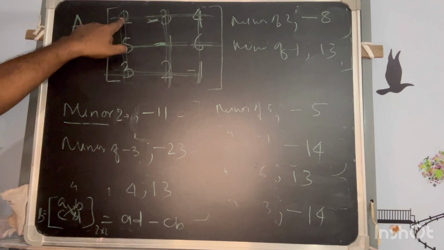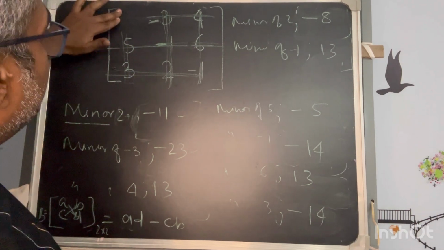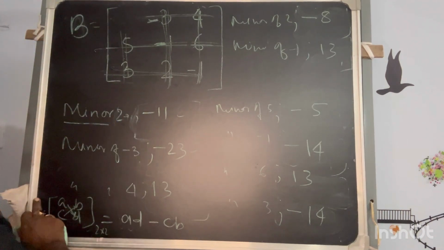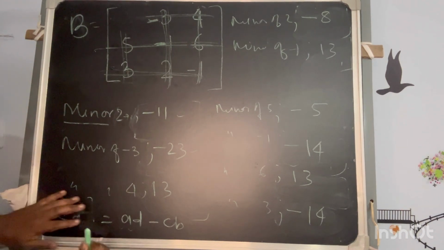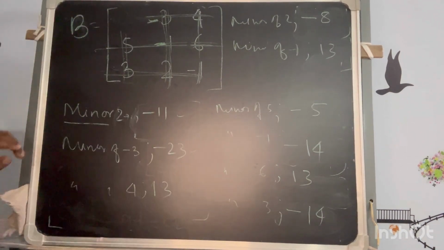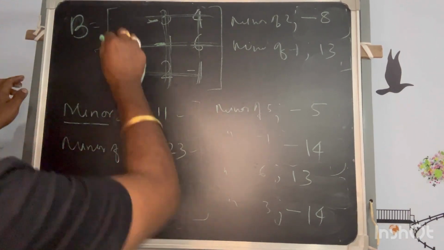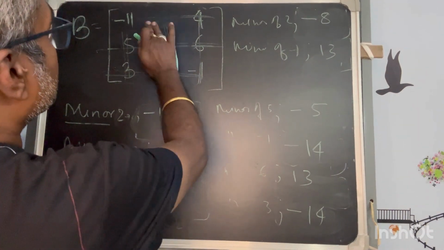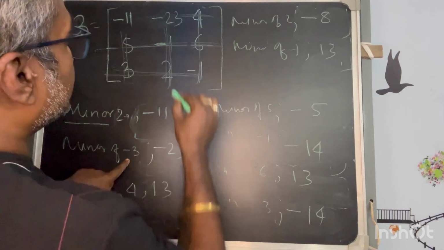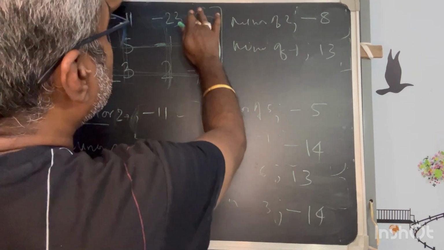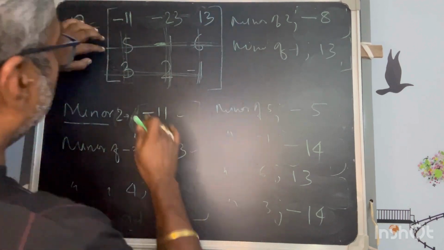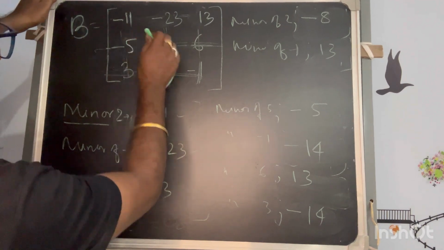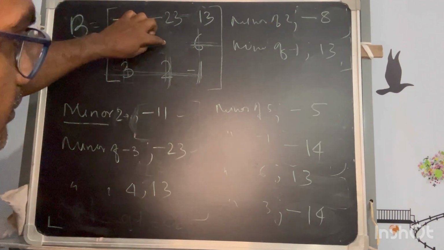Now I put it in this place instead of this value. Okay, so this will convert into another matrix, let's say this I have taken. I take it as B. So the minor of 2 is minus 11. Then the minor of minus 3 becomes minus 23. 4 becomes 13. 5 becomes minus 5, just be with me, don't go anywhere else, you'll miss something.